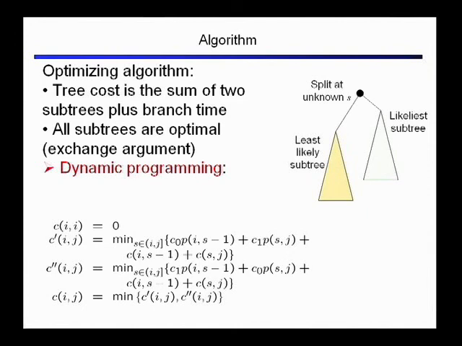You can show via an exchange argument that you can build the problem up as a dynamic programming problem that goes with the size of the subtree and builds up until you get the size of the subtree that you need. This is the formulation of it. As with many mathematical formulations, it looks a lot worse than it actually is, so I'm going to go through an example to illustrate how it really works.